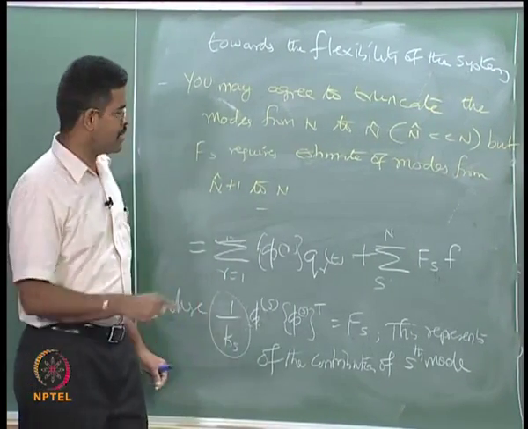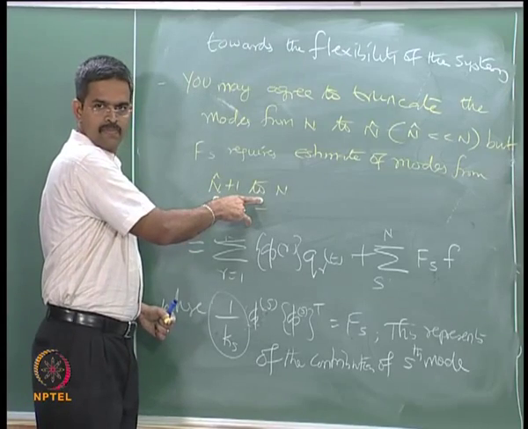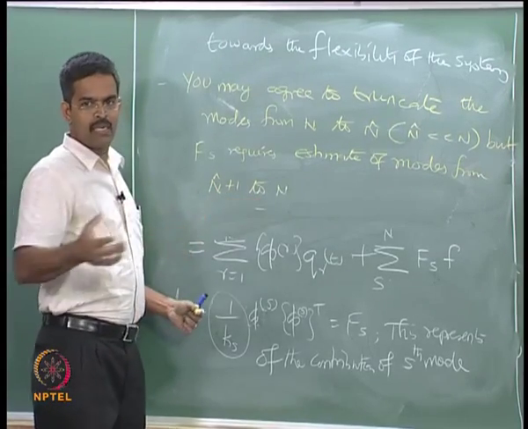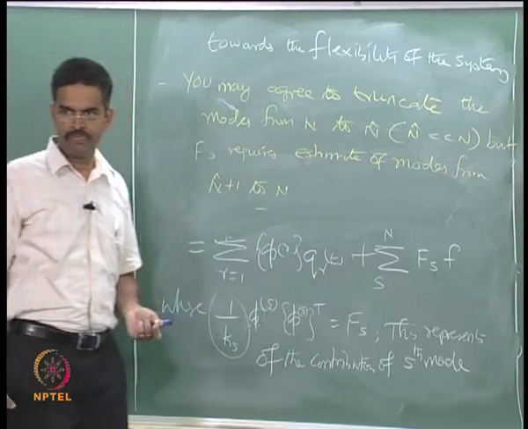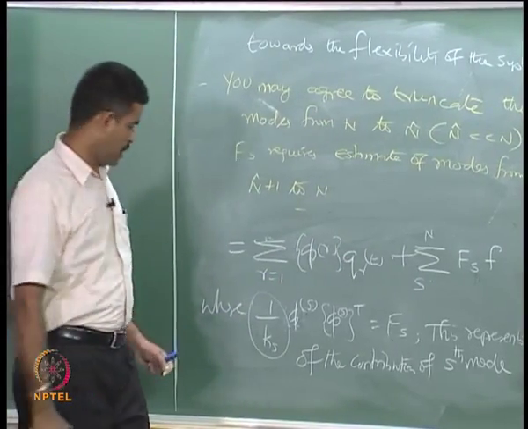To correct that I need all the modes. Practically if you have all the modes, there is no question of doing any truncation at all, is it not? Right. How will you get rid of this? Having understood there is a complexity here, we will move forward and see how I will get rid of this problem.